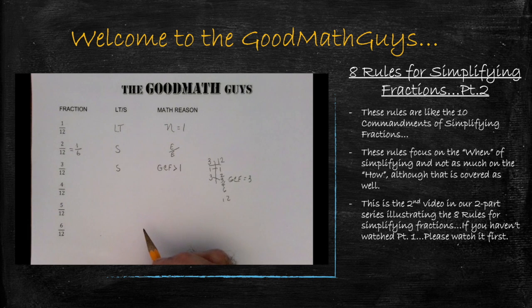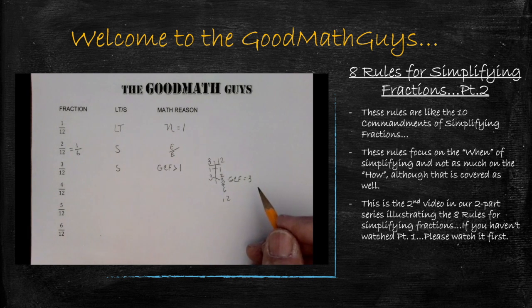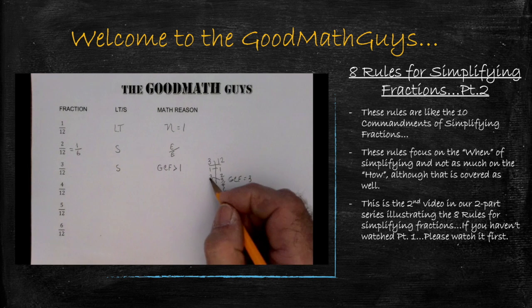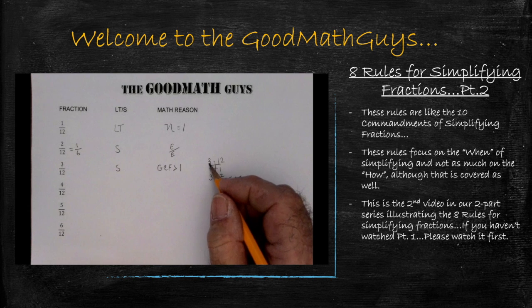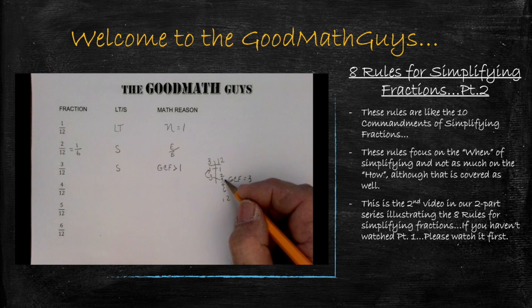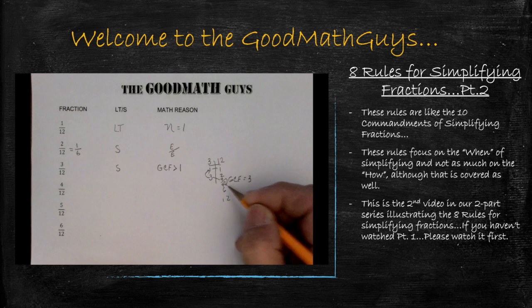Now, remember program 1 on simplifying fractions when we were dealing strictly with factor tables. We said that you didn't need to do the division, 3 divided by 3 and 12 divided by 3. Look for the pairing factors. On the 3 side, 3 paired with 1, and on this side, 3 paired with 4, because 3 times 4 was 12.